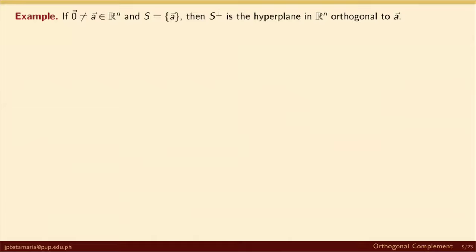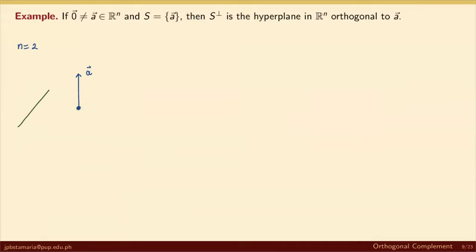In the case when n is equal to 3, we're in R3, and you only have one vector in your set, let's say this is your vector A. Where are all the vectors that make a 90-degree angle with A? Obviously, that's going to be an entire plane. Of course, this plane has to be infinite.